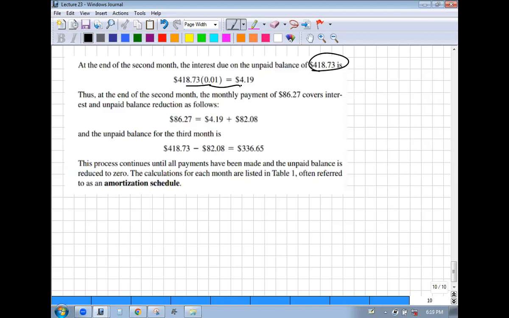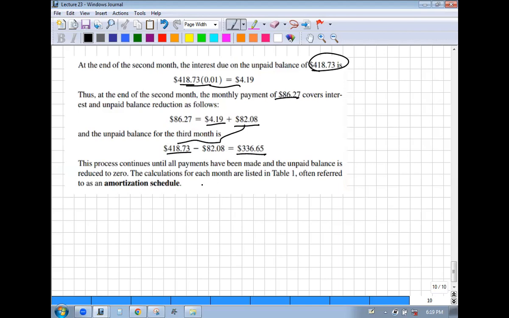So the second month, we're paying $4.19 interest. But our monthly payment, which is the same every month, $86.27, right? We take away the $4.19, and so $82.08 is what's going towards what is left out of the $418. So we subtract that off from what was left of the loan at the end of the first month, and we're down to $366. This process continues until all payments have been made.